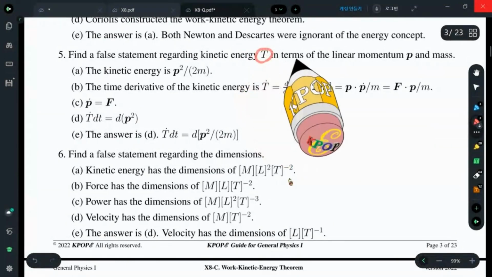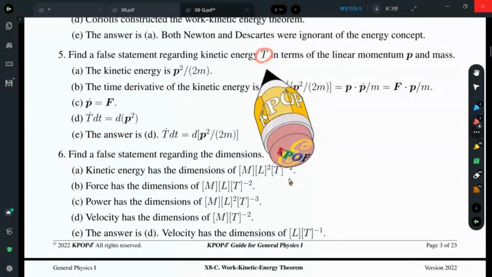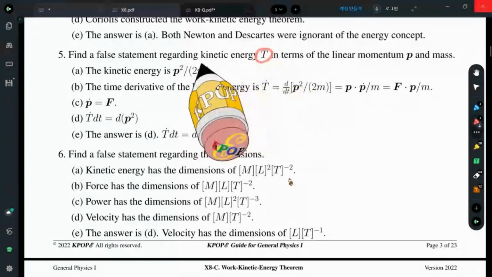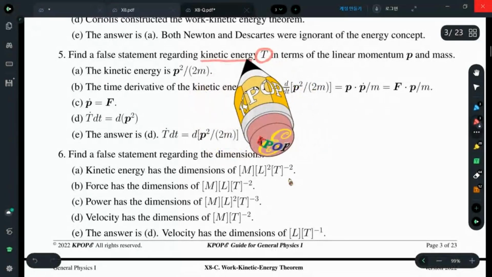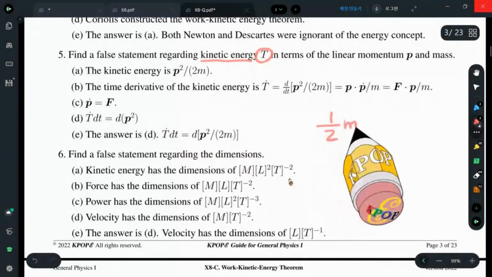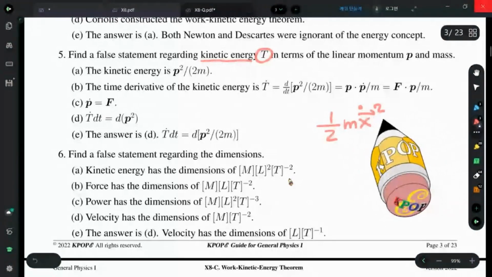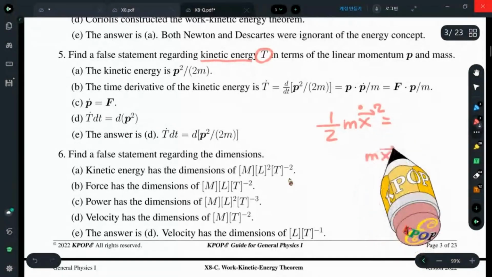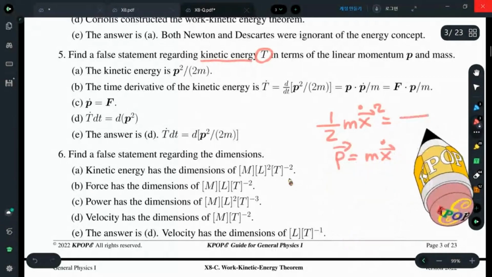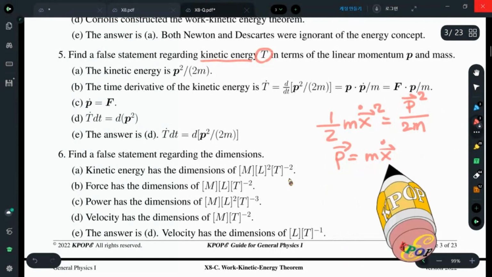Sometimes later in this semester, T will appear as a temperature, but for the time being, I will write capital T for the kinetic energy. Kinetic energy can be written as 1/2 m v squared, or because mv is the linear momentum p, I can factor this out as p squared over 2m.